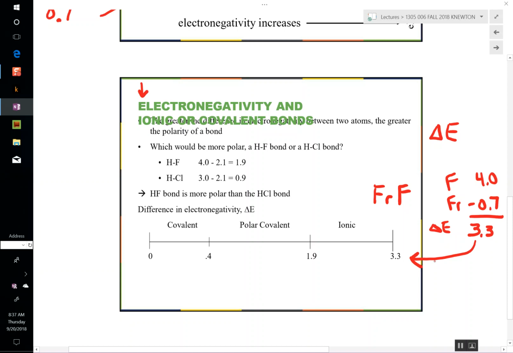Why does it end at 3.3? Well, I've just picked out the one with the highest electronegativity and reacting with the one that has the lowest electronegativity. And the biggest difference I can get is 3.3. So that fixes one end of the scale. And this is ionic. And francium fluoride is as ionic a compound as you can get.